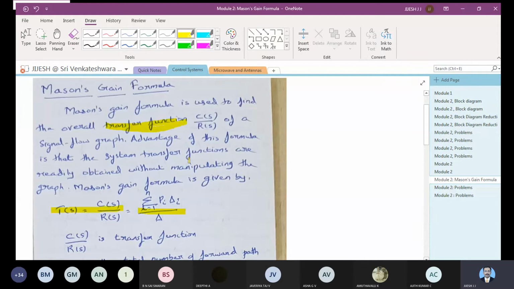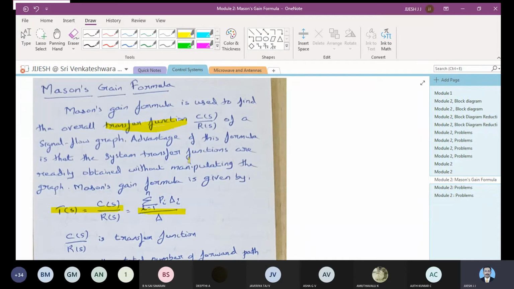So here there is no manipulation being carried out. Whatever question you are given, you are going to straight away use Mason's gain formula to solve it. So first of all, Mason's gain formula is used to find out the transfer function C of S by R of S, and the equation is summation of i equal to 1 to n, Pi delta i by delta.